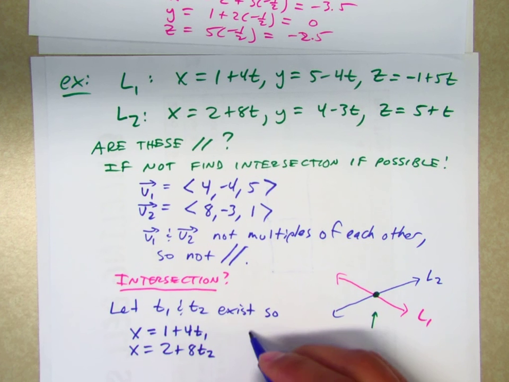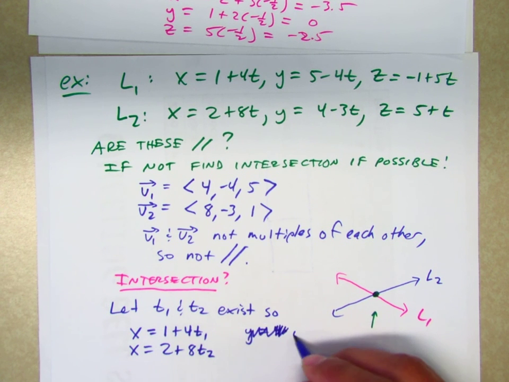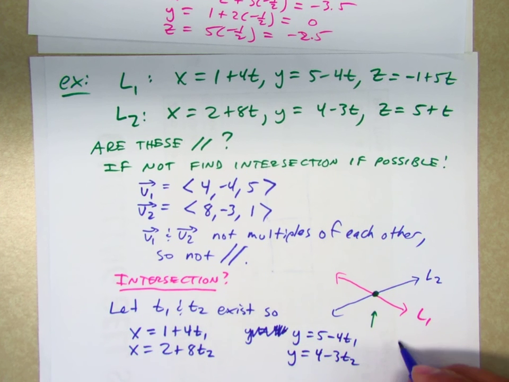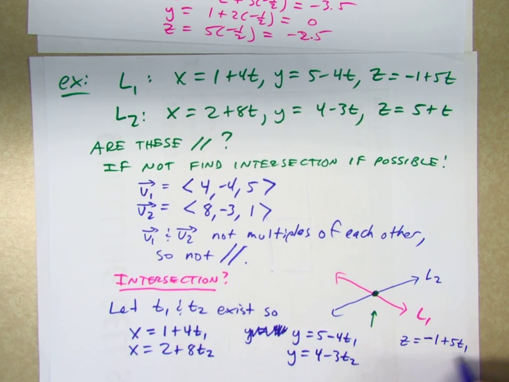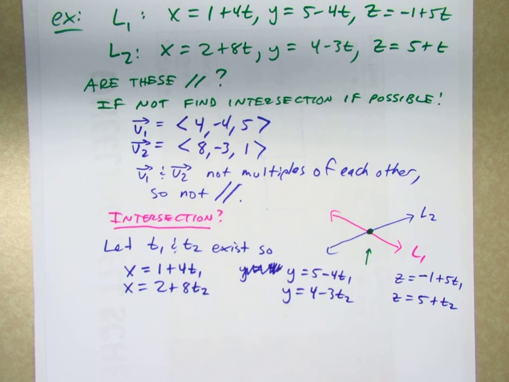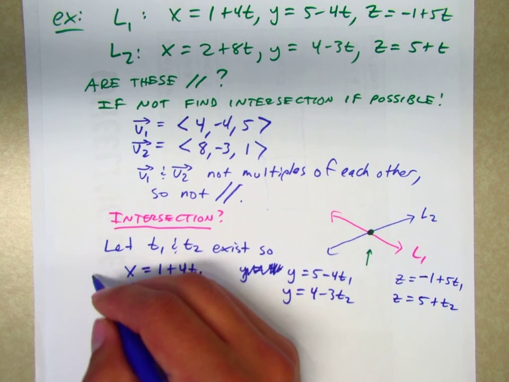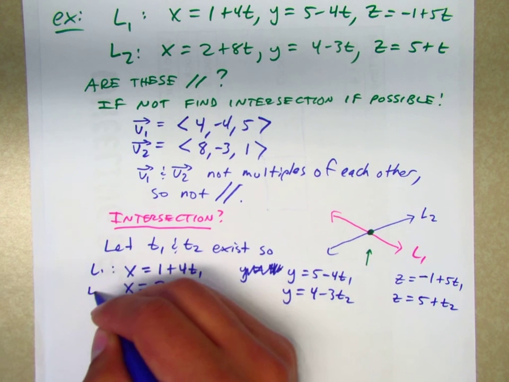And I'll do the same with the other ones. y equals 5 minus 4T1, and y equals 4 minus 3T2, and z equals negative 1 plus 5T1, and 5 plus T2. Okay? So here's our new L1 and our new L2.